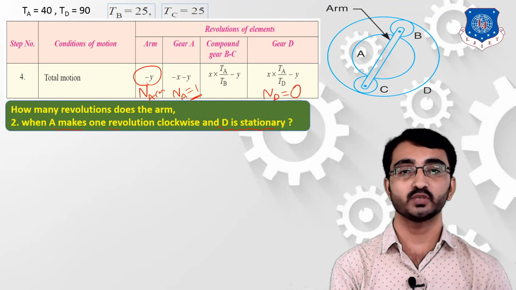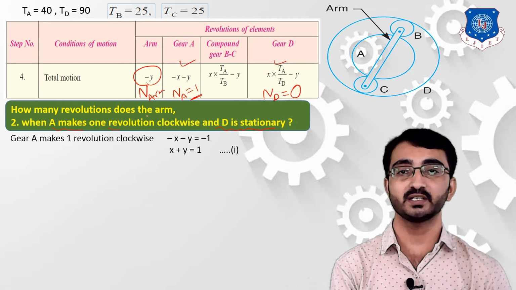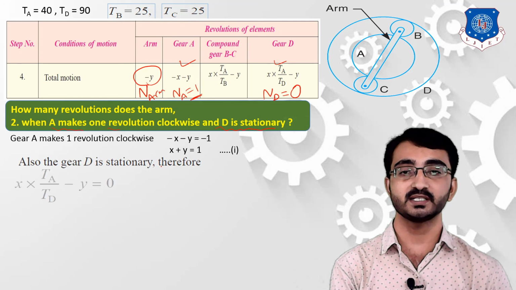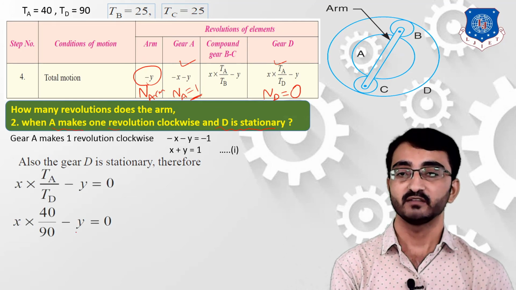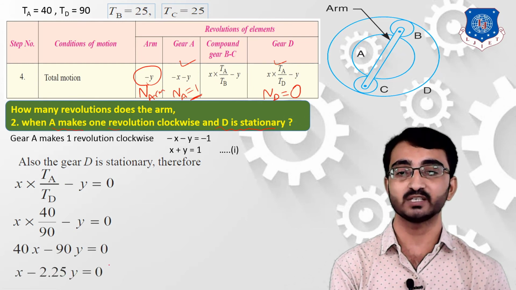By putting these two conditions in this equation of total motion, for the first condition we get minus x minus y is equal to minus 1, and similarly we get the same equation 1. But the change in the second condition leads us to the equation x minus 2.25y is equal to 0.